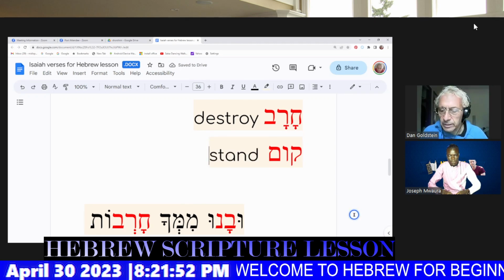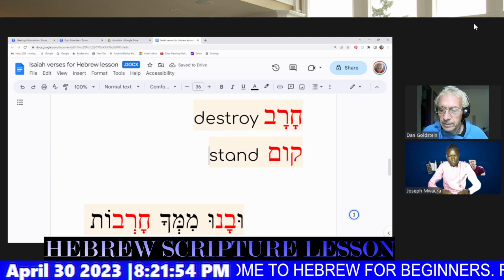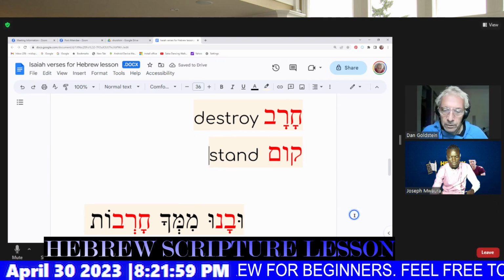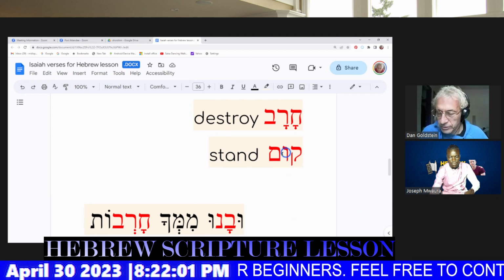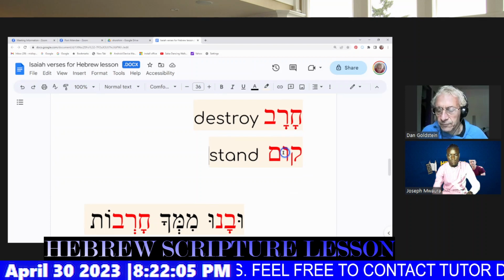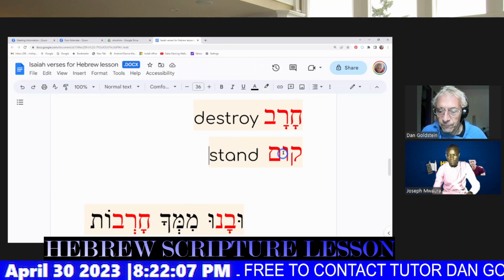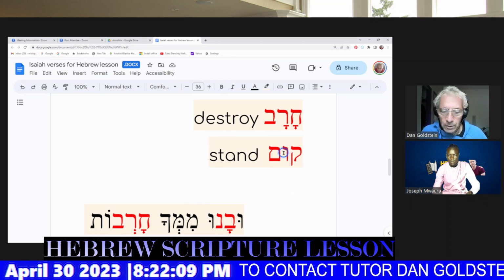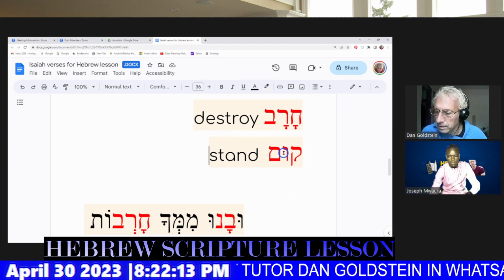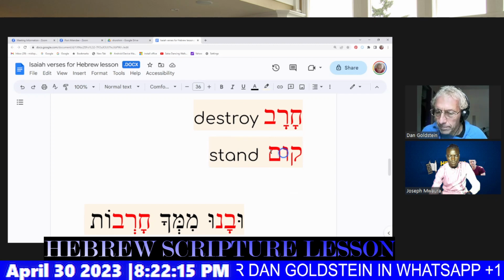Ani kam, I stand. Frequently, this vav in the middle of the shorish disappears. When you have a vav in the middle, it often disappears. So we have kum, to stand. From that, we have a word called komem, where we get two mems at the end.